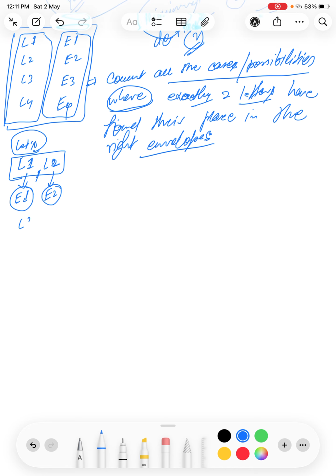Then you are left with L3 and L4. They'll go into wrong envelopes.